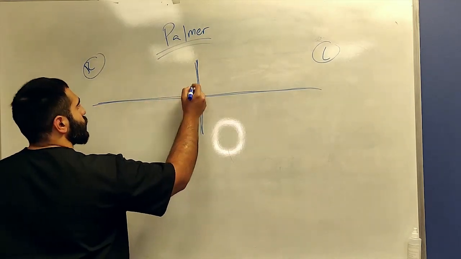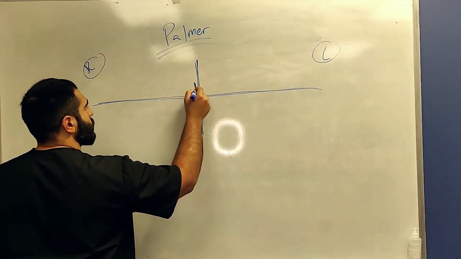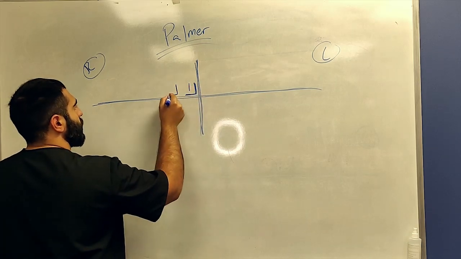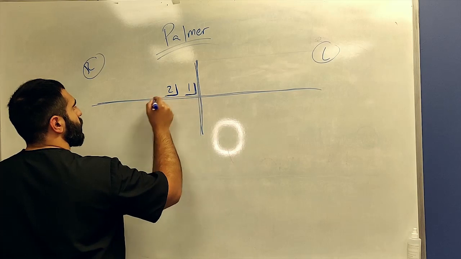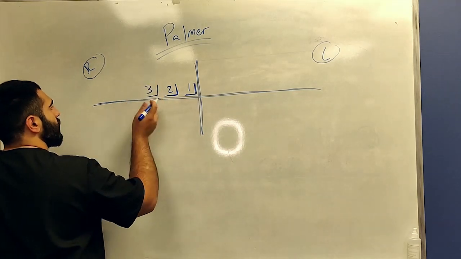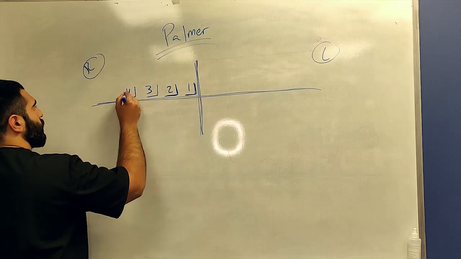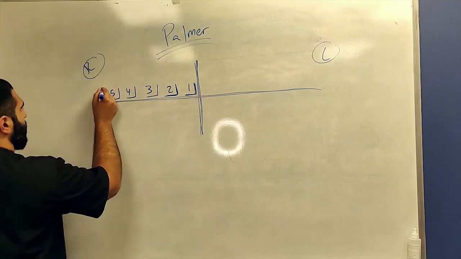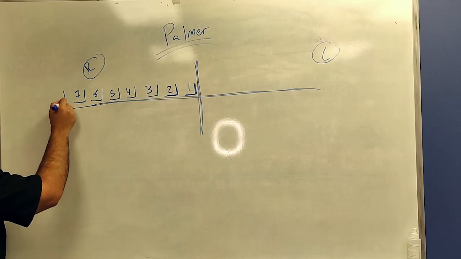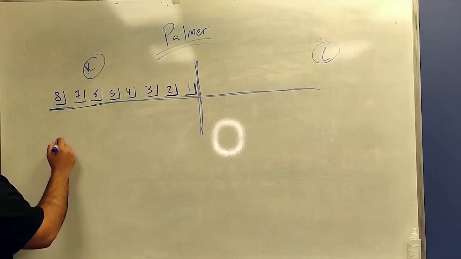So in the first quadrant, this is how the bracket would look. They draw the bracket, and they put 1, which is the central incisor. And they would put 2 for the lateral incisor. Draw the bracket and put 3, 4, 5, 6, 7, which is the second molar, and 8 being the third molar.